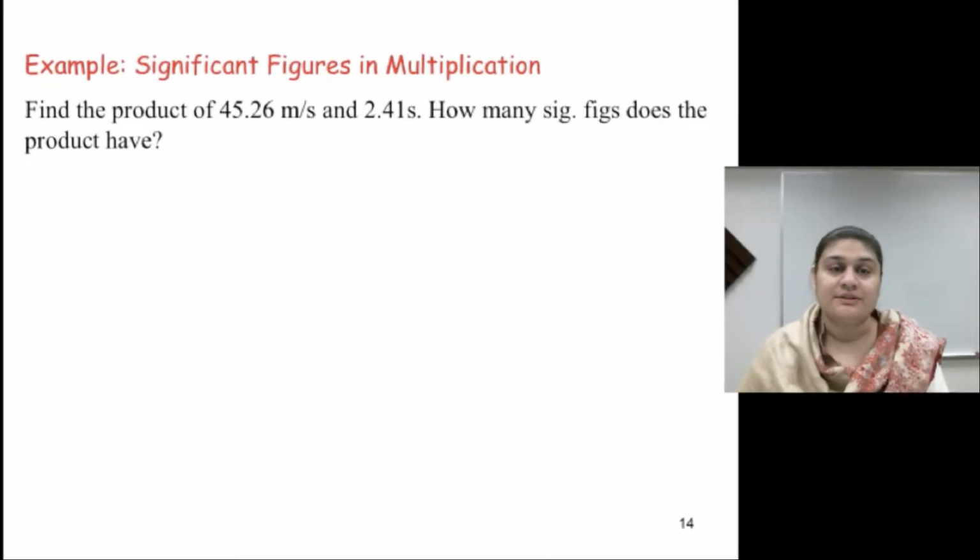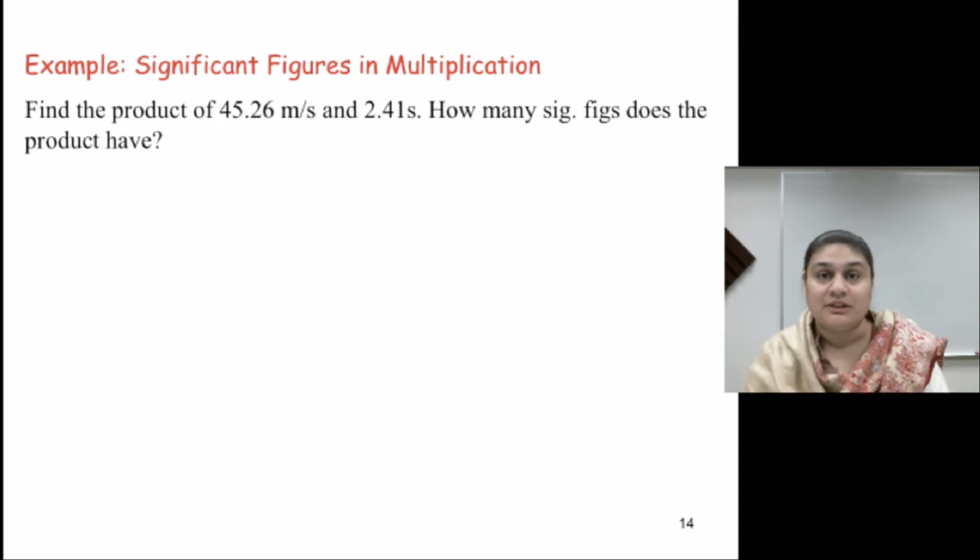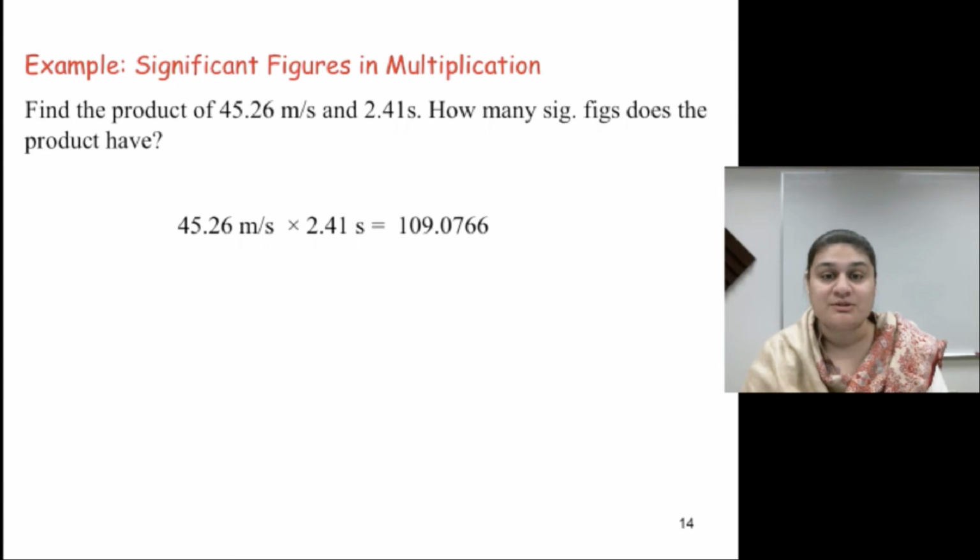So as another example, we will talk about significant figures during multiplication. Find the product of 45.26 meters per second and 2.41 seconds. How many significant figures does this product have? So go ahead, put it into your calculator, 45.26 times 2.41. Okay, what do you get? I hope you get something very similar to this.